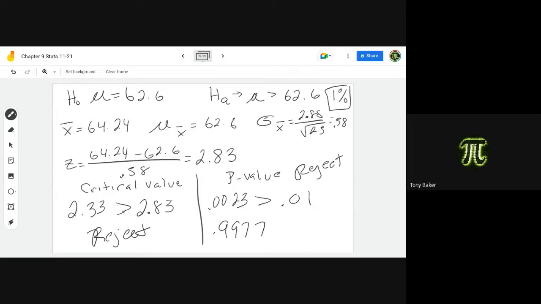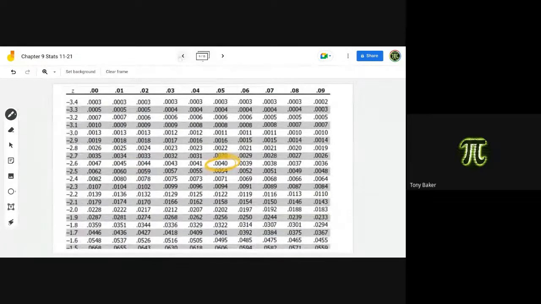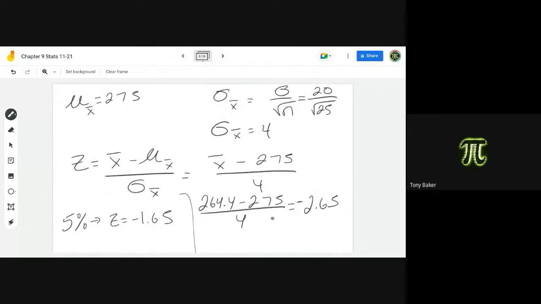In this case, I was looking for 2.83. That was the z-score I got, so that's what I'm looking for. On your table, you have positive and negative, right? I'm looking for positive 2.83. On the last problem that we did, I was looking for a negative 2.65.